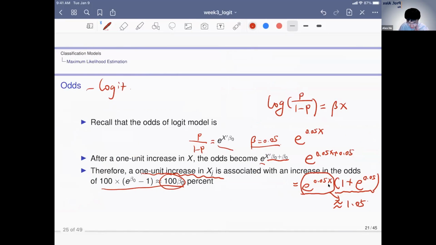Or you can say that when x increases by 1 unit, the odds ratio increases by 100 times beta percent. And the odds ratio corresponds 1-to-1 to the probability, so that's also a meaningful interpretation.